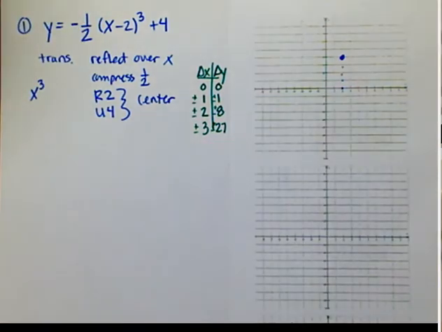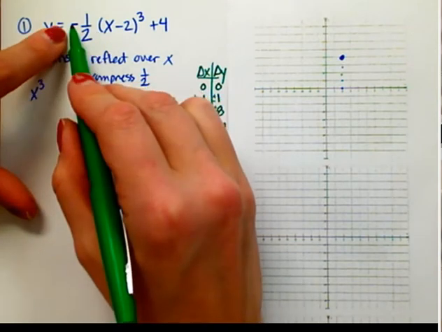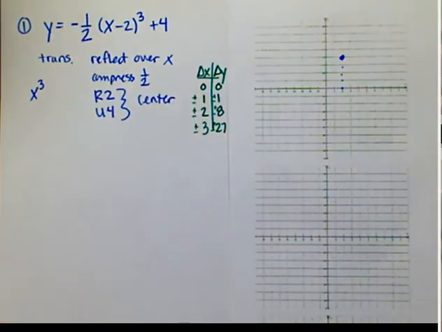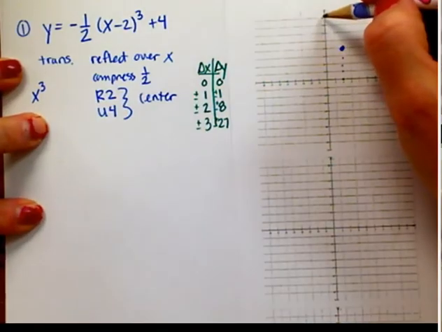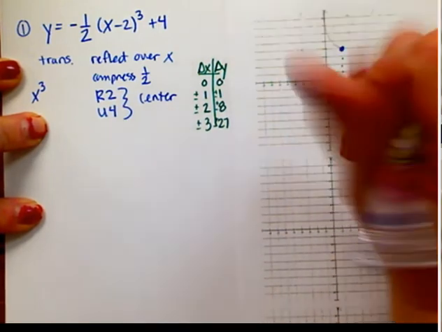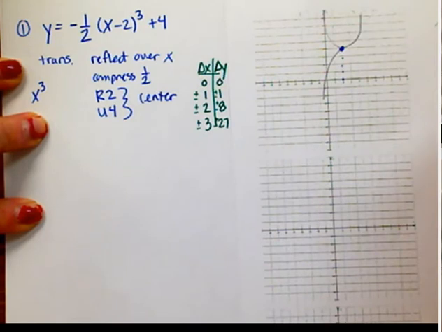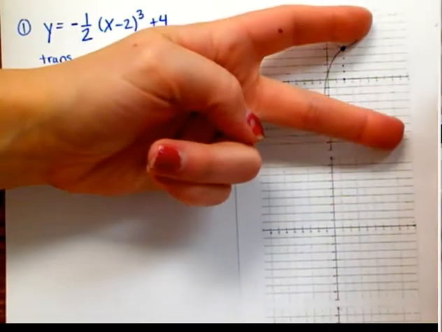Okay, let's count. Now, I see a negative, which means my parent function, which would originally look like this, is going to flip.